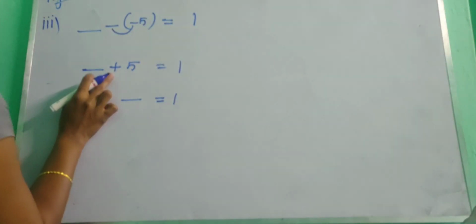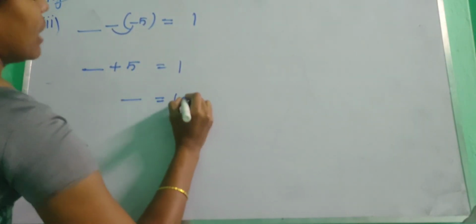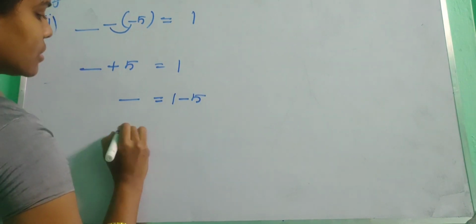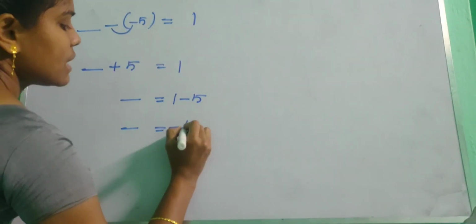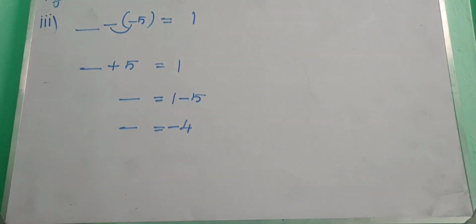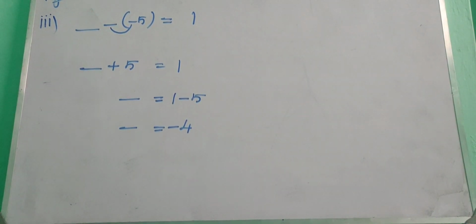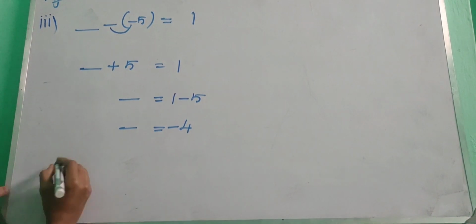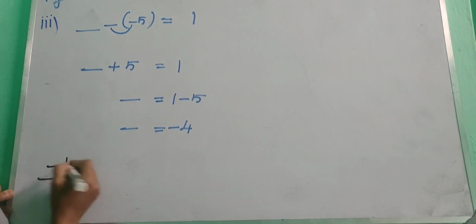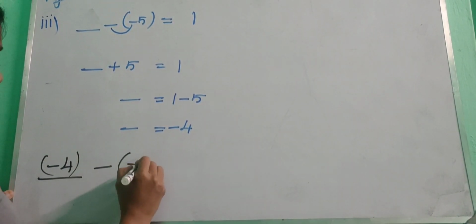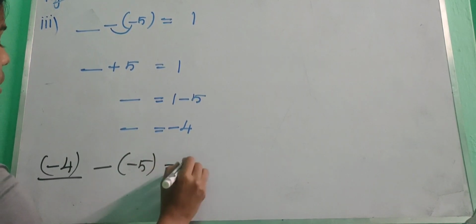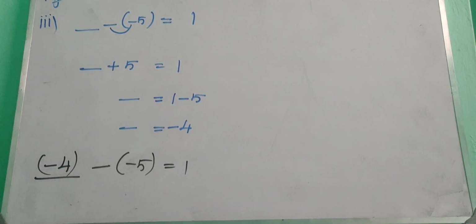So this plus 5 will become minus 5. 1 minus 5, so dash equal to minus 4. So the answer is minus 4, that is in the dash, minus 5 equal to 1. So copy it in your notebook.